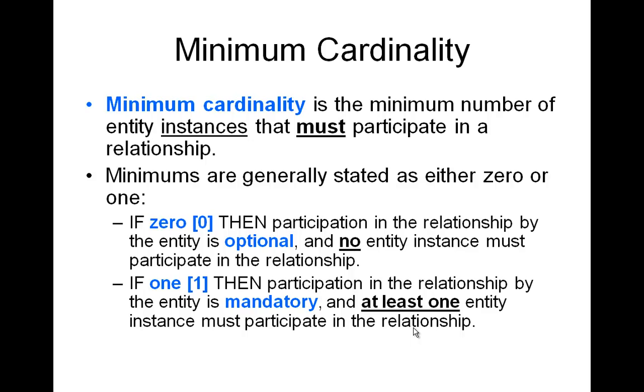So no entity instance must participate in the relationship. If it's 1, then participation in the relationship by the entity is mandatory, and at least one entity instance must participate in the relationship. So in the minimum cardinality, remember that we have either 0 or 1. 0 for optional relationship, 1 for mandatory relationship, must relationship.